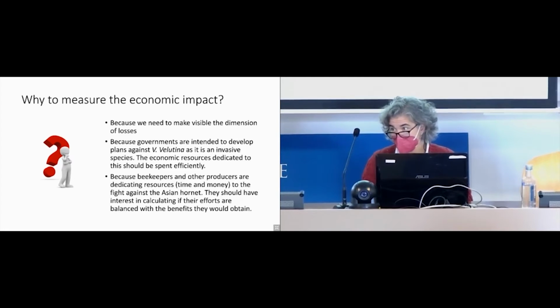Then the interest of calculating costs is to know if we are spending well, comparing them with the possible benefits of these governmental plans, and to search for an optimal level of resources dedicated to this.